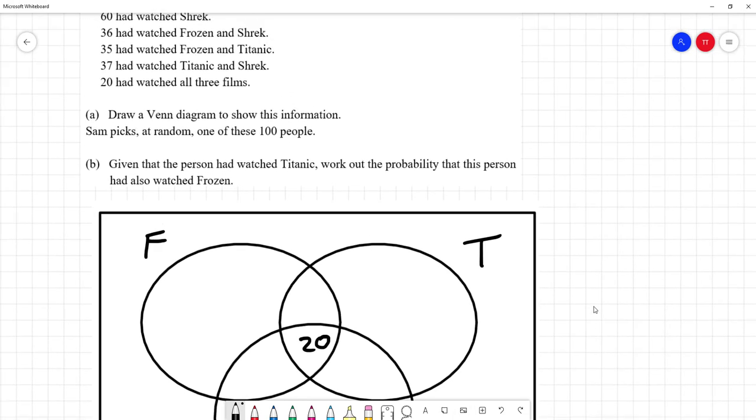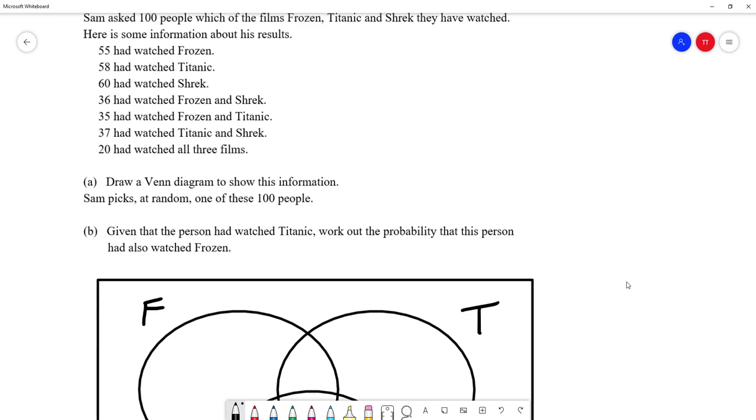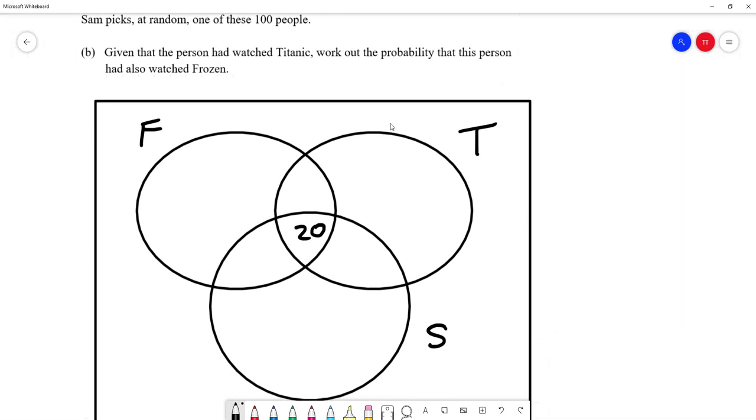So now we're going back to the question. We know that 20 people watched all three. Now the next case is 37 people had watched Titanic and Shrek. In our Venn diagram, this is the circle for Titanic and this is the circle for Shrek.